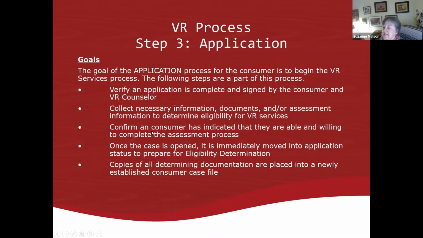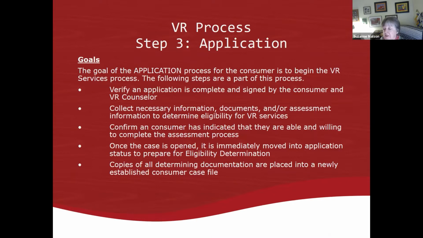Anyway, collect necessary information, the documents or assessment information to determine eligibility for services. Confirm that this consumer has indicated that they are willing and able to complete the assessment process. Once the case is open, it is immediately moved into the application status to prepare for the eligibility determination.